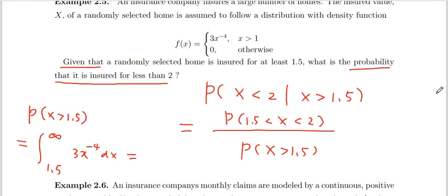From this to that, it is 1.5^(-3). So we can say this equals 1.5^(-3) minus 2^(-3).